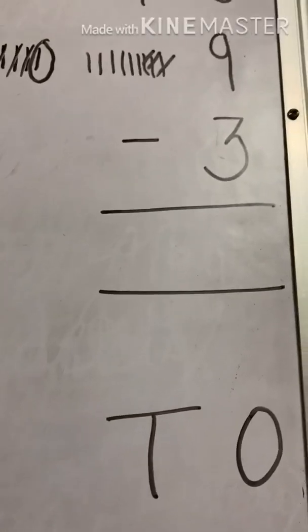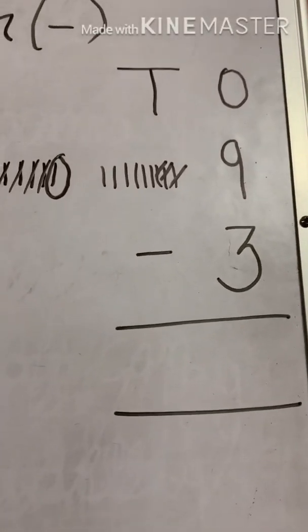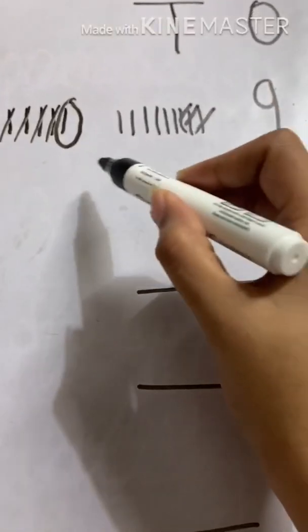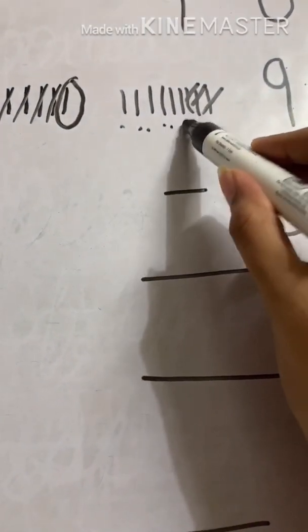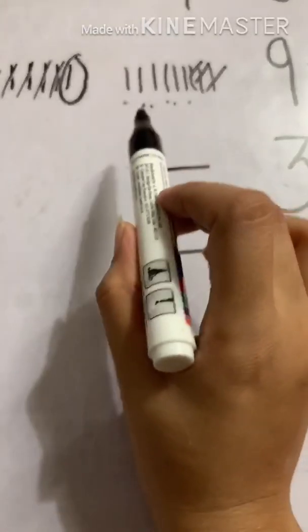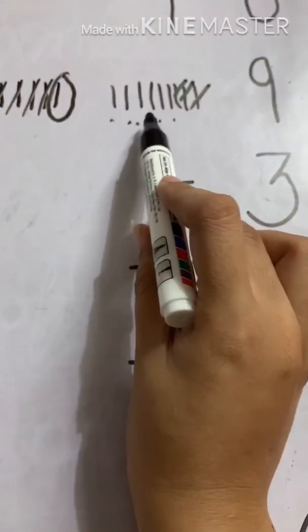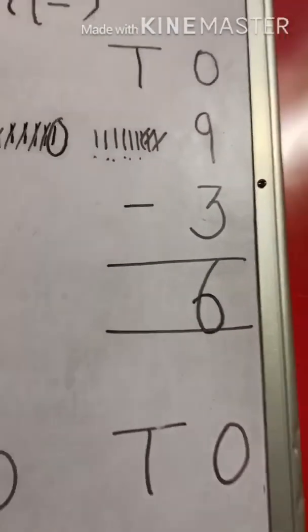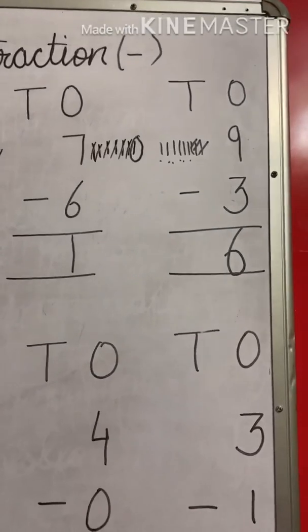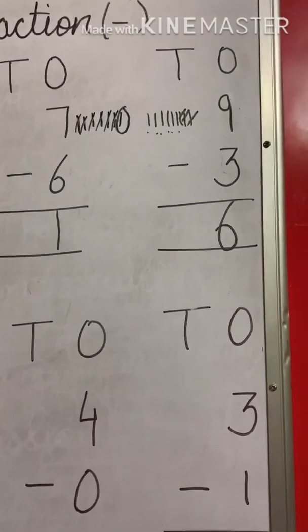Now I will count the lines which are left. 1, 2, 3, 4, 5, 6. Let's count again. 1, 2, 3, 4, 5, 6. So how many lines am I left with? 6. So this is the way I am doing it. You need to do the same.